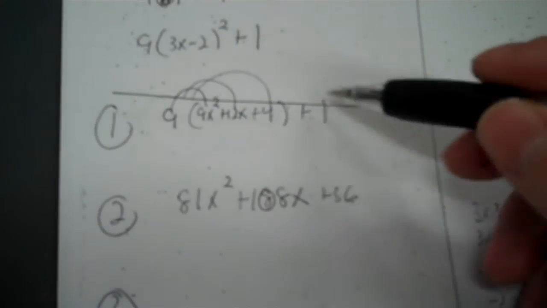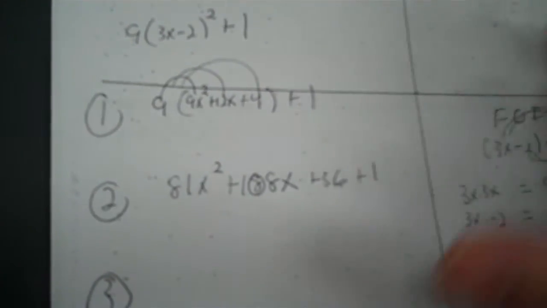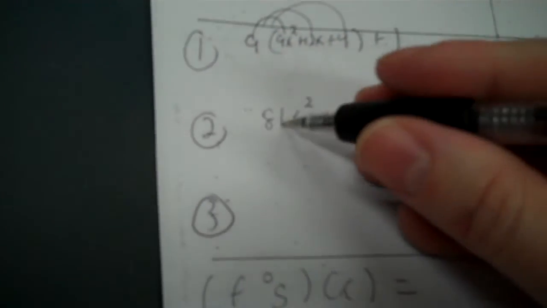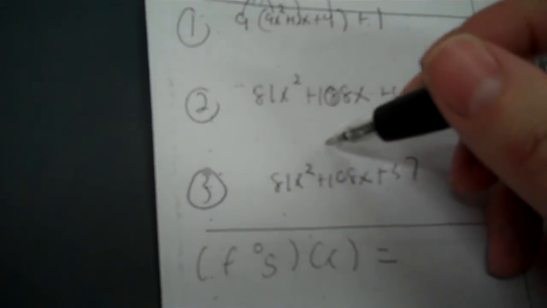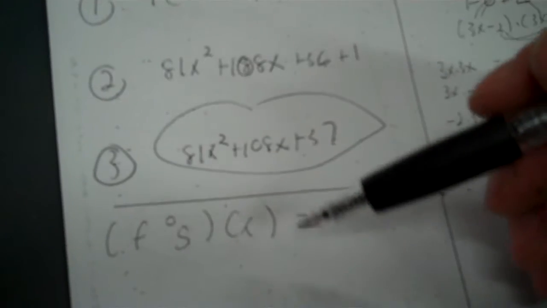Now don't distribute that to the 1, the plus 1 just drops down. So you've got 81x to the second, plus 108x, 36 plus 1 is 37. I forgot to give you a number to put in, so we'll just go to the next part. That's my fault.